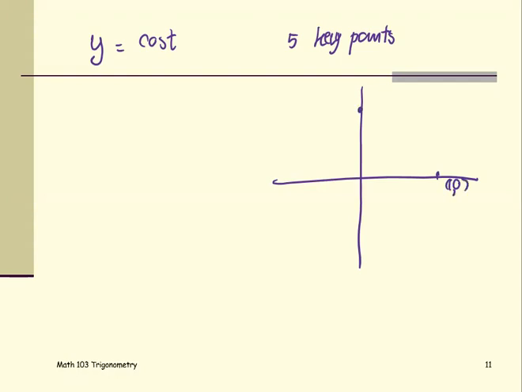At pi over 2, the coordinate is (0, 1). At pi, the coordinate is (negative 1, 0). At 3 pi over 2, the coordinate is (0, negative 1). And back to the point 2 pi, which is the same as the point at angle 0.